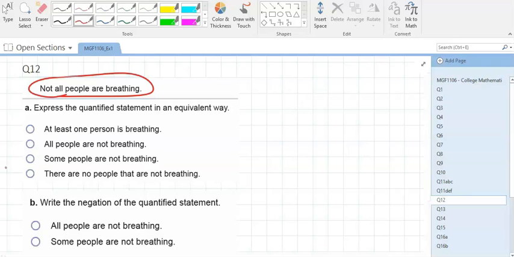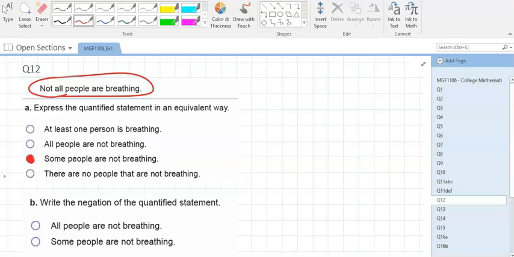So, not all people are breathing. Not all people are breathing. How that is written as an equivalent statement, and it's just something that you need to know, is that some people are not breathing. Some people are not breathing.